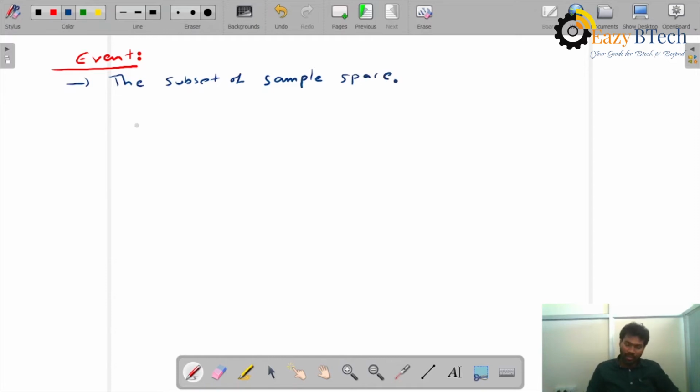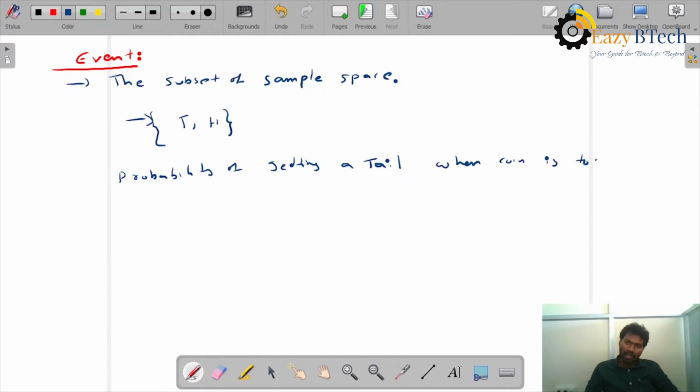For example, how it is represented: suppose you are throwing a coin. Here you will get either tail or head. So what is the event? I define my event as: what is the probability of getting a tail when the coin is tossed.